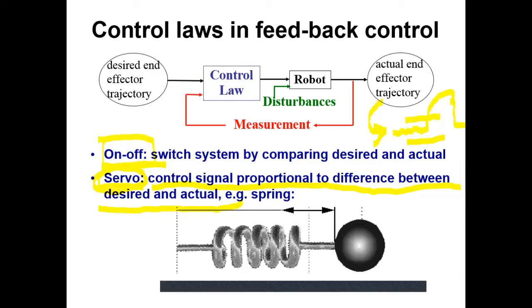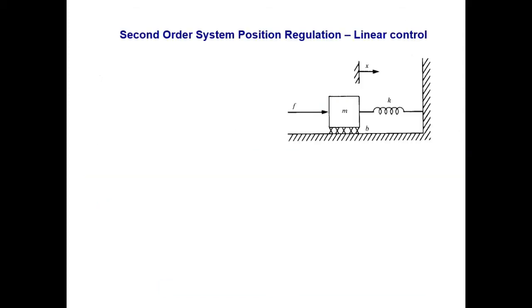Let's consider that this point denotes the equilibrium point of the spring mass system. The mass has been deviated from its equilibrium. So the spring works as a feedback control and it tries continuously to bring the mass to its equilibrium position. Let's understand the servo method of feedback control in more detail using some mathematical derivation.